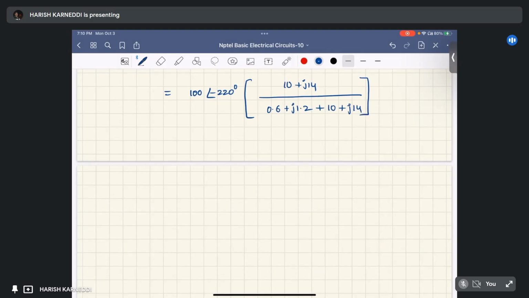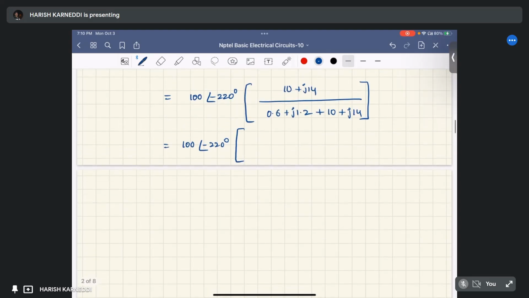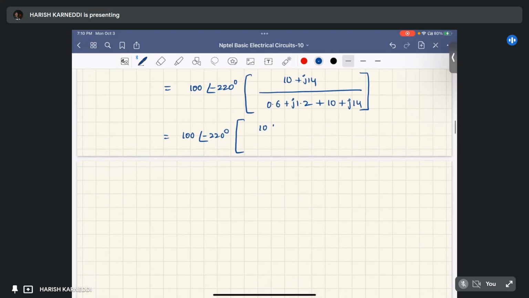Z line plus Z load is equal to 100 at an angle of minus 220 degrees into 10 plus j14 by 10.6. By adding these two real terms, it is 10.6, and two imaginary terms, it is plus j15.2.